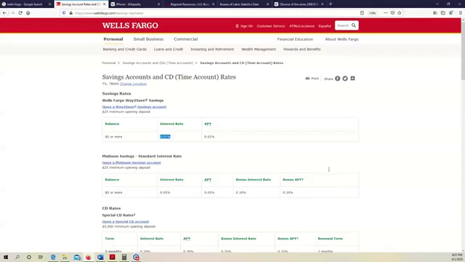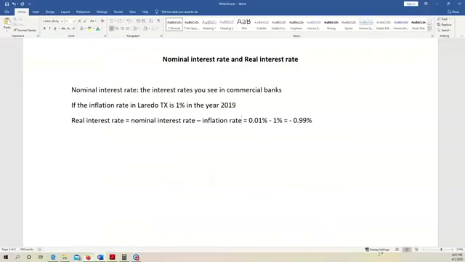You need to adjust this number by what? By inflation rate. Nominal interest rate minus inflation rate. The answer is real interest rate. And the real interest rate could be a negative number. If this number is negative, that means over time, you are losing the real power or spending power of the money. Again, why? Because the price rises faster than the interest rate you get, you're promised.